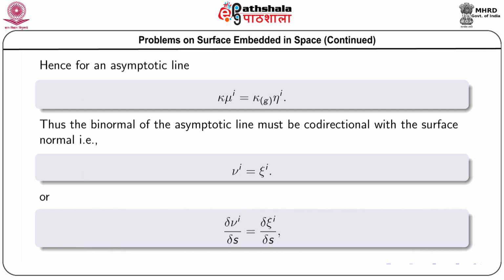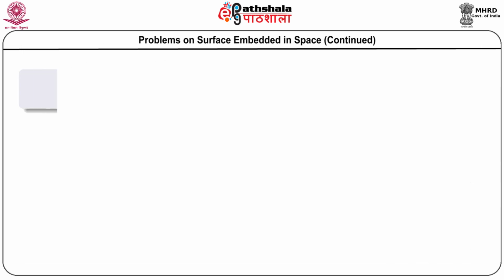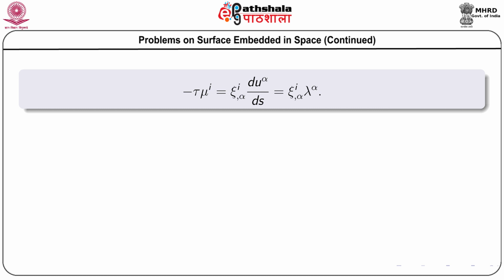Now, taking the intrinsic derivative in both cases, we get delta nu i by delta s equals delta xi i by delta s. Now, which gives this relation, that minus tau mu i equals xi i comma alpha du alpha by ds, and we know that du alpha by ds is lambda alpha.